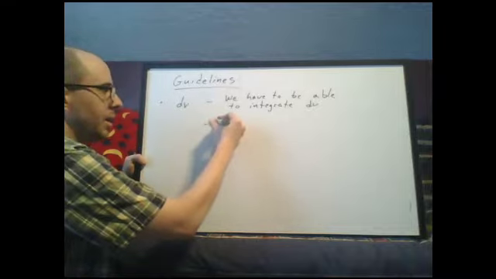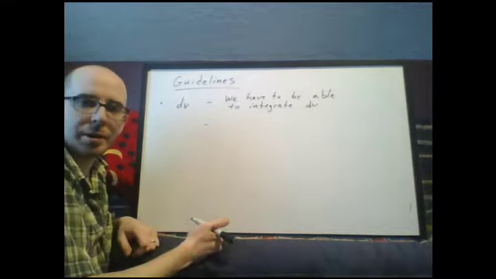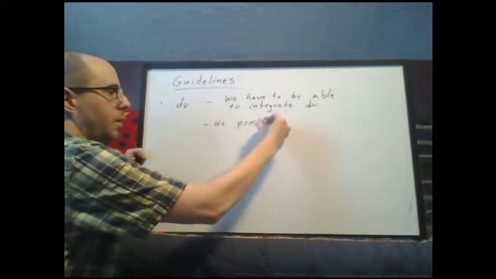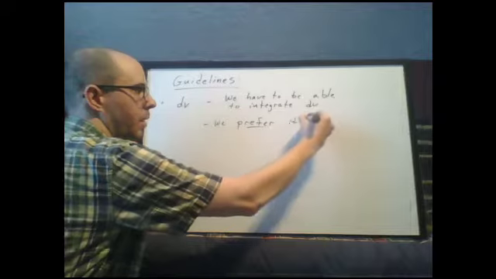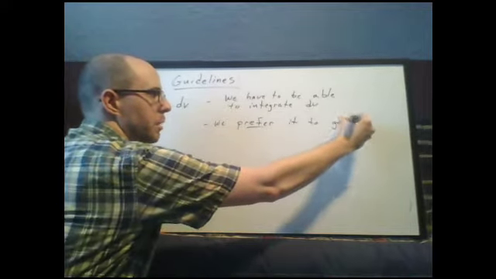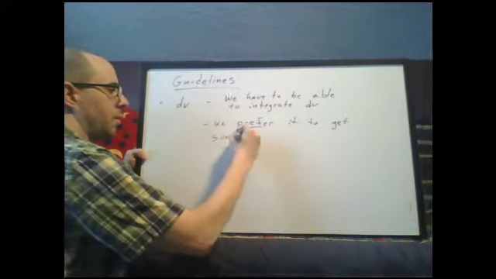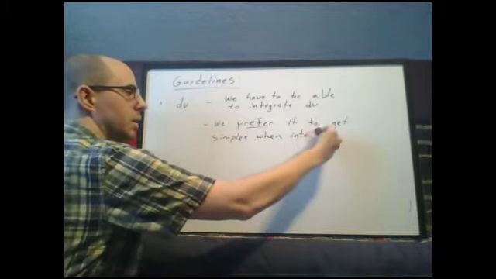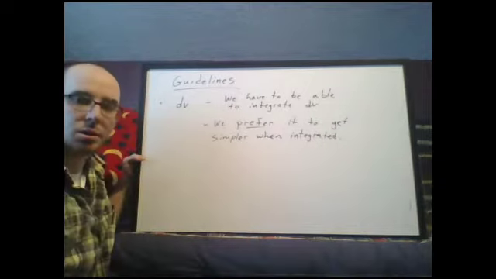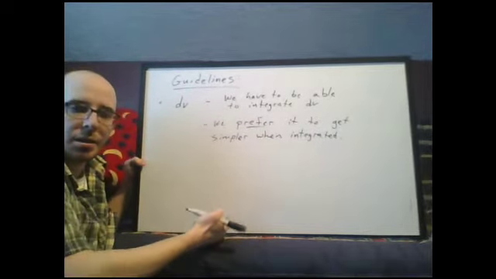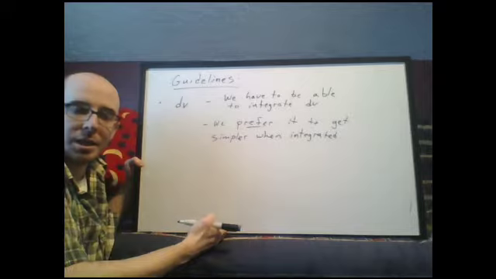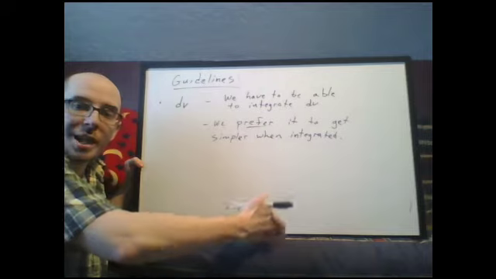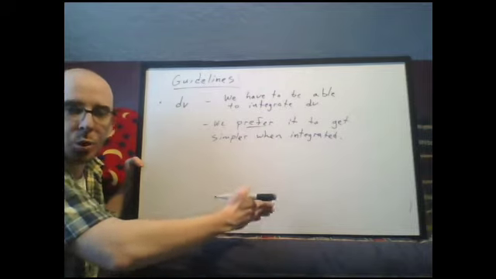Secondly, maybe I would be able to integrate both choices, but we prefer it to get simpler when we integrate it. On the last example I did, dv was e to the x or dv was x. When I integrated x, it became 1/2 x squared.